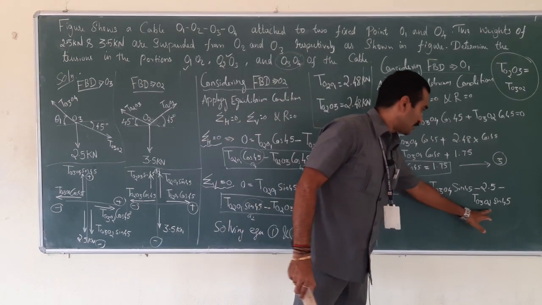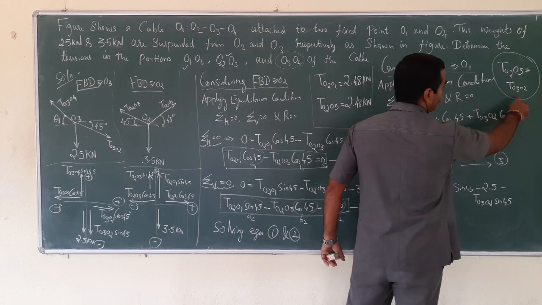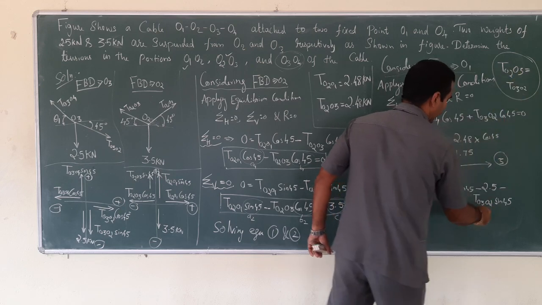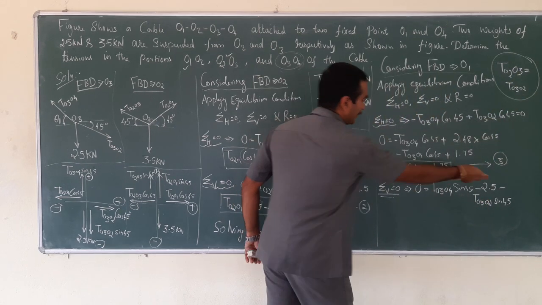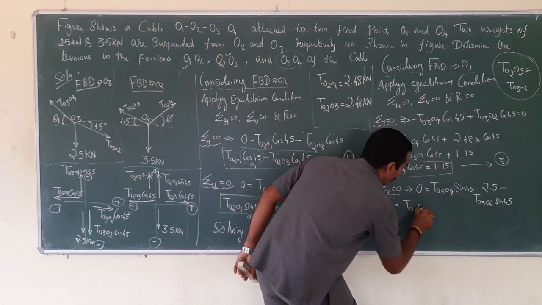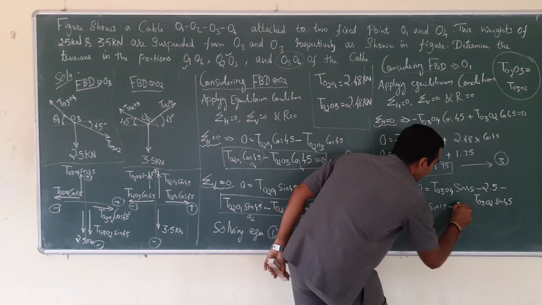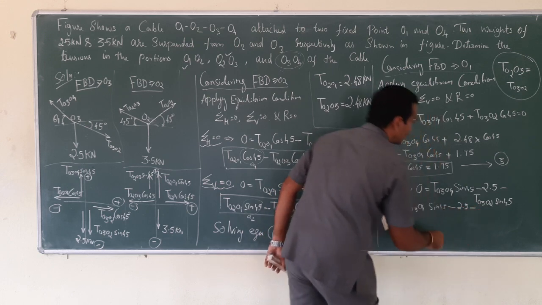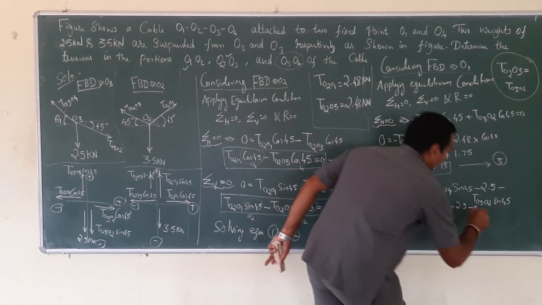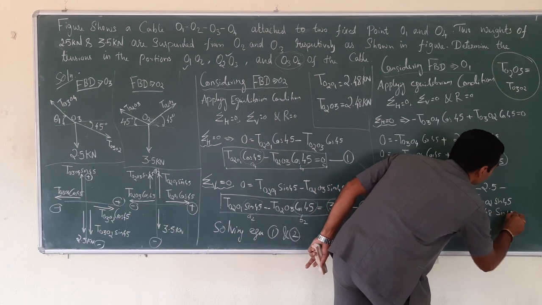So as we know the value T O3 O2, which is equal to T O2 O3, substitute that value 2.48 in this equation. So 0 equals T O3 O4 sine 45 minus 2.5 minus 2.48 sine 45.